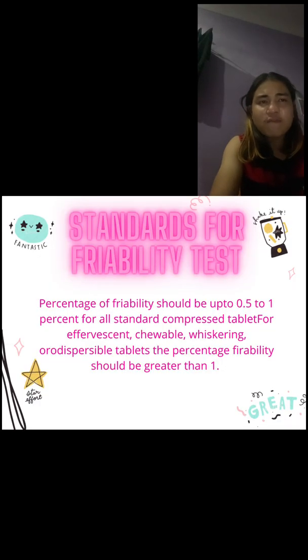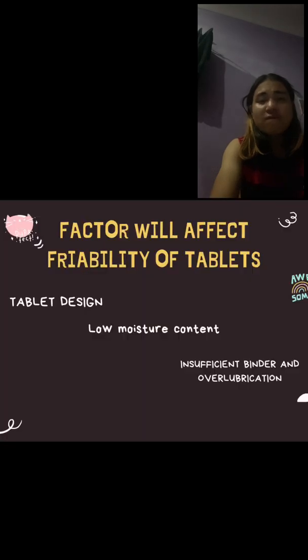The standard for the friability test is a percentage of friability of up to 0.5% to 1% for all standard compressed tablets. For effervescent, chewable, or dispersible tablets, the percentage friability may be greater than 1%. The factors that affect friability of a tablet are tablet design, low moisture content, insufficient binder, and over lubrication.